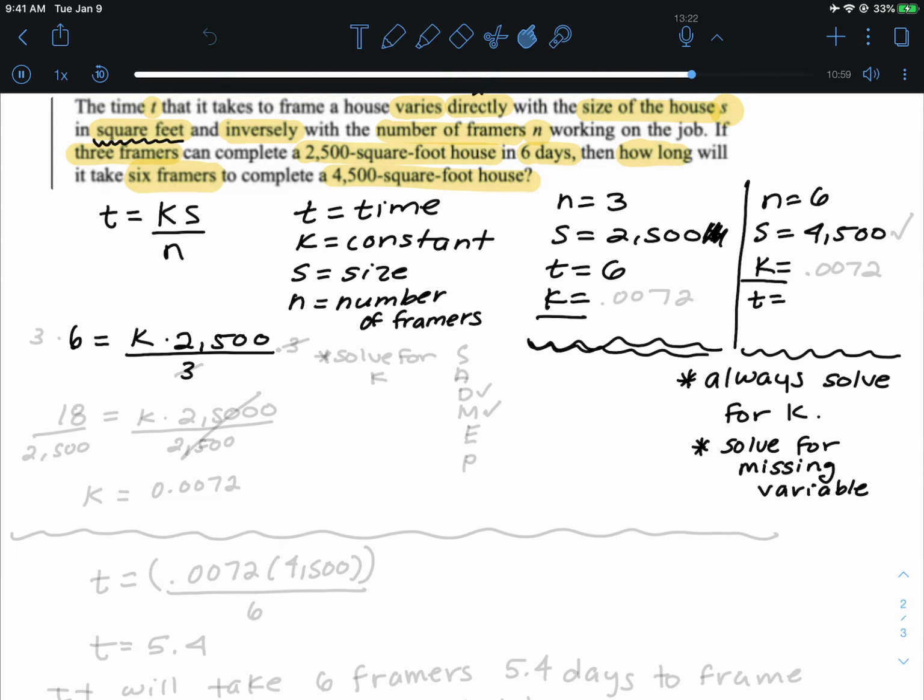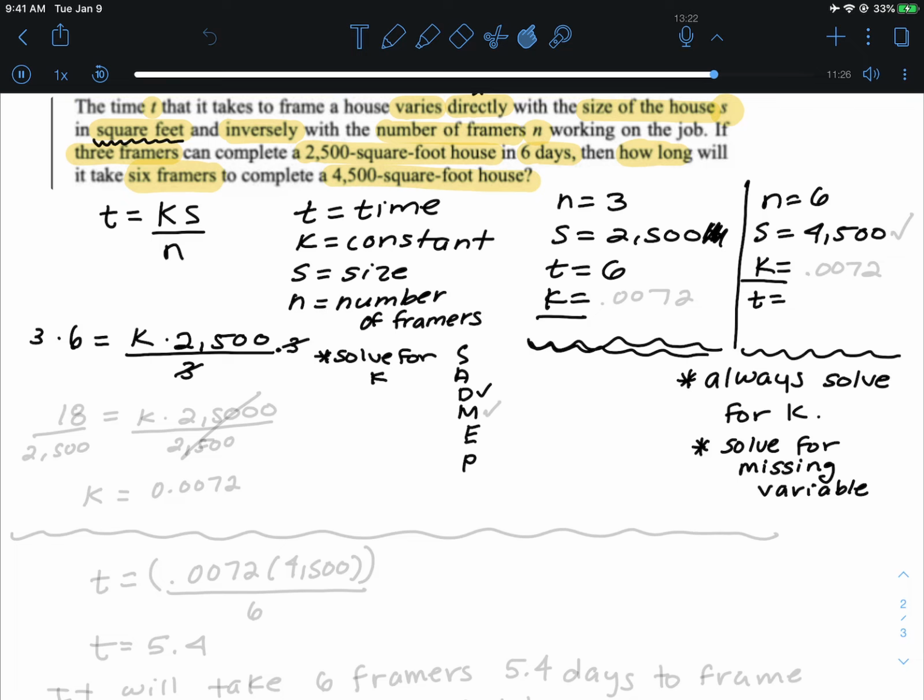So now we have to solve for k. I'm going to use SWBAT for this. If you're still wondering how to solve for this, just use SWBAT. I need to get rid of this division. How do you get rid of division? Well, you get rid of division with multiplication. So what I do to one side, I do to the other.